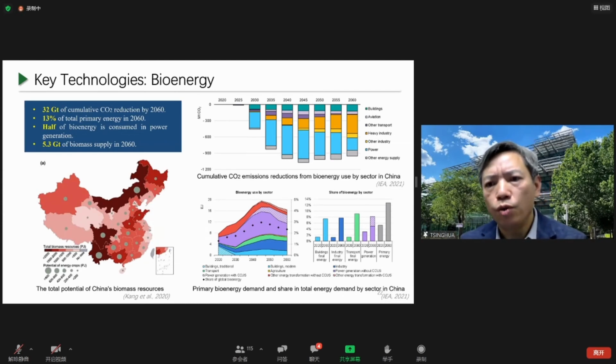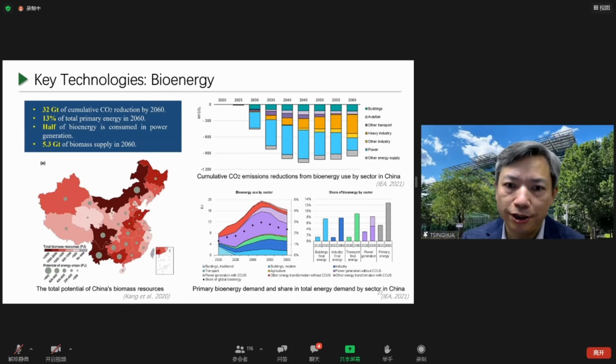Associated with the increase, its contribution to CO2 reduction will reach over 900 million tons in 2060, with a cumulative reduction of 32 gigatons during the whole process. So we can see that it is a very significant, important technology in the way for the carbon neutrality.